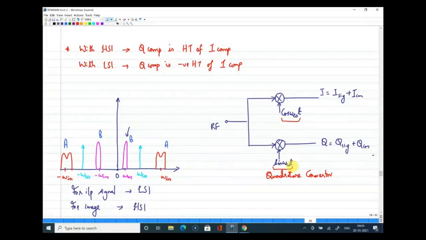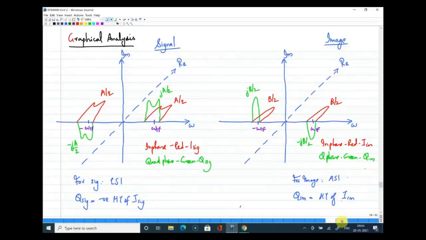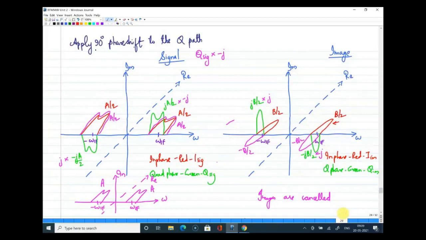I hope you will agree, because for this diagram to exist, to get images with exactly equal amplitudes and opposite phase will happen only in the ideal case.